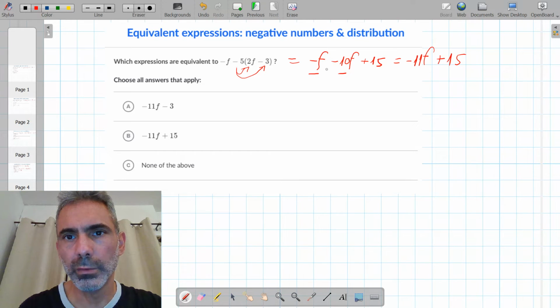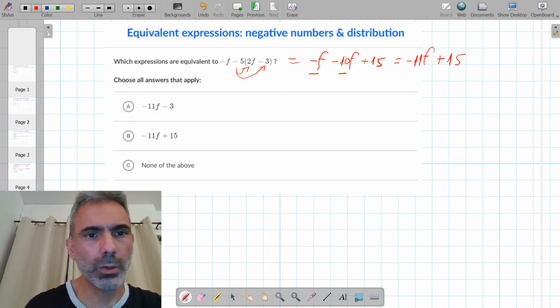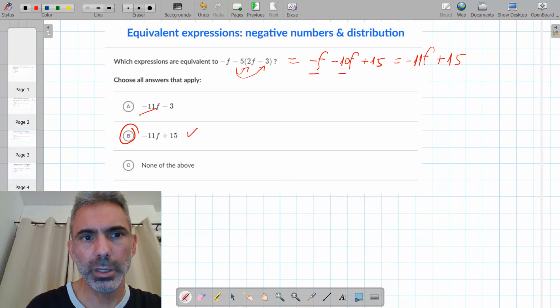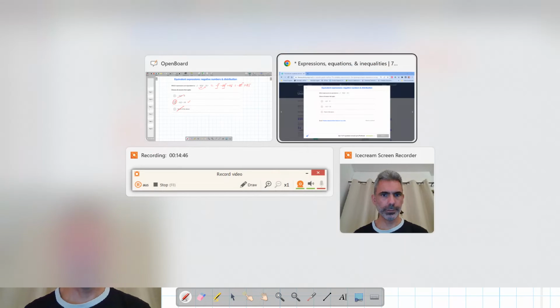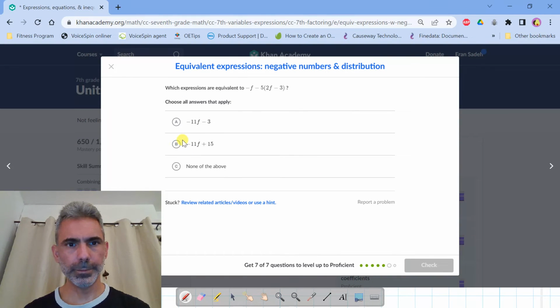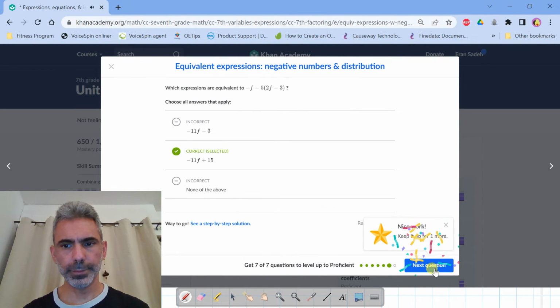So minus 1f minus 10f is minus 11f plus 15. Okay, so minus 11f plus 15 is correct. Minus 11f minus 3 is incorrect. And this is incorrect because we have found that B is correct. So B.